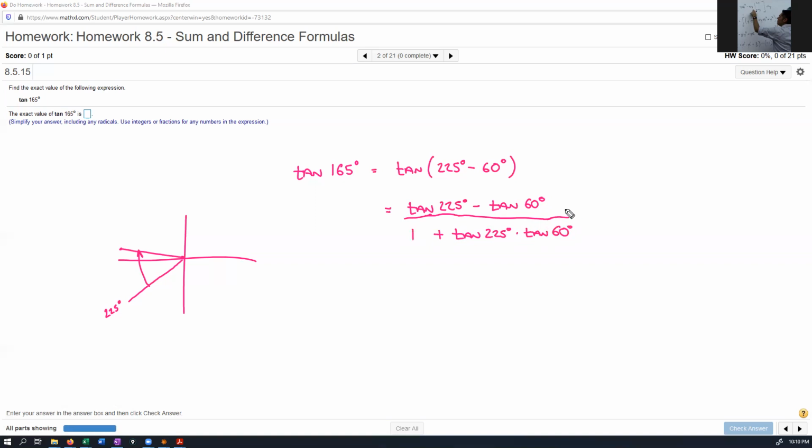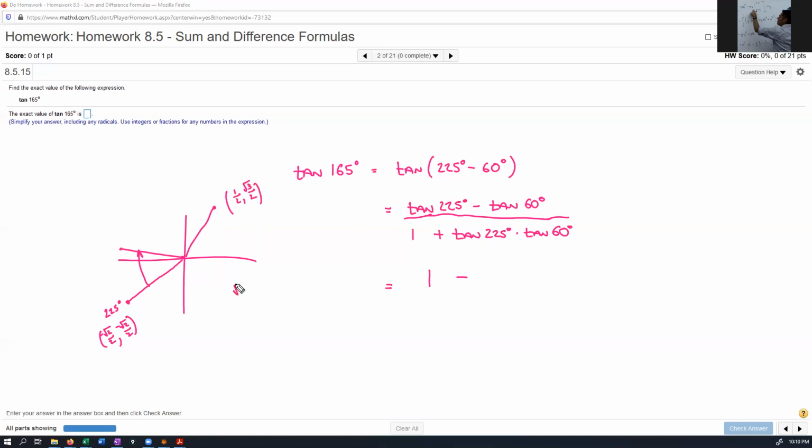Okay, at 225 degrees, tangent is the y coordinate divided by the x, but this is negative √2/2 and this is negative √2/2. So when we take the y and divide by x, we get 1. So this is going to be 1 minus tangent of 60 degrees. So we go to 60 degrees, and we have 1/2, √3/2.